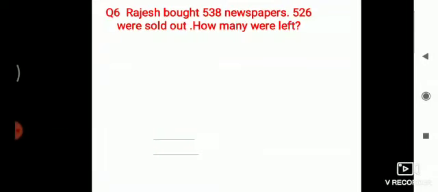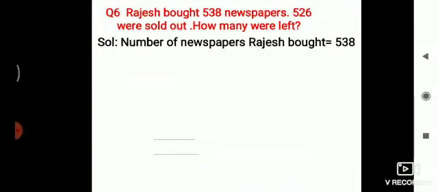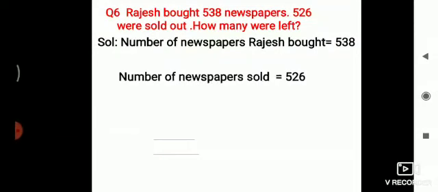We have to find out the number of newspapers left. To calculate the number of newspapers left, we will subtract the number of newspapers sold from the number of newspapers bought. See the statements.